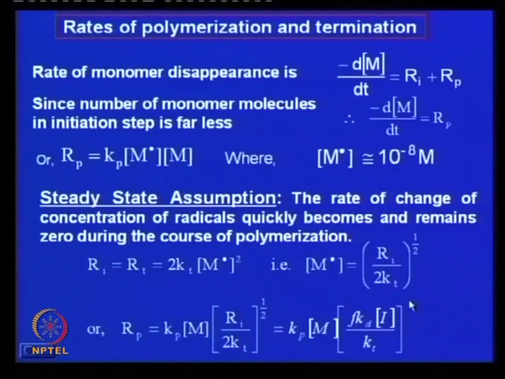The square root is there, of course, R_i by twice k_t, f k_d [I] by k_t. So, this is the overall rate of propagation, overall rate of polymerization. Once again I repeat, R_p is equal to k_p [M] (f k_d [I] by k_t) to the power half.